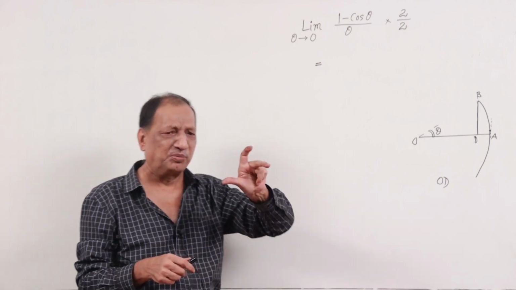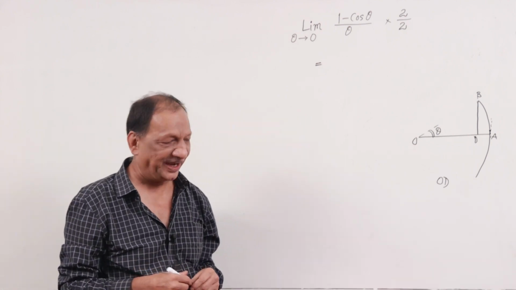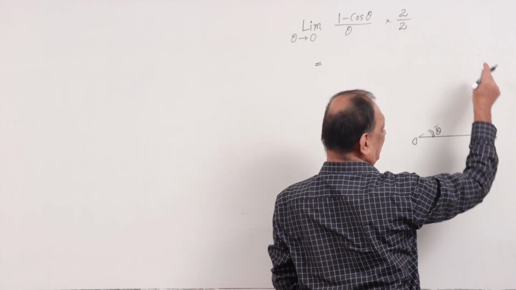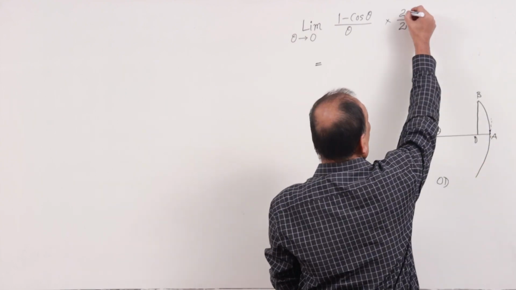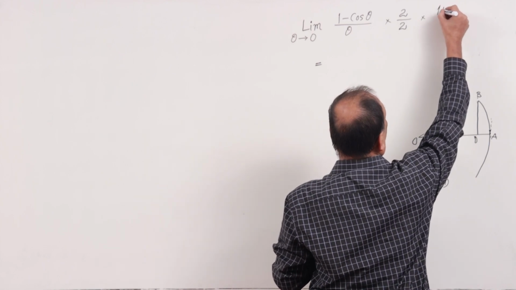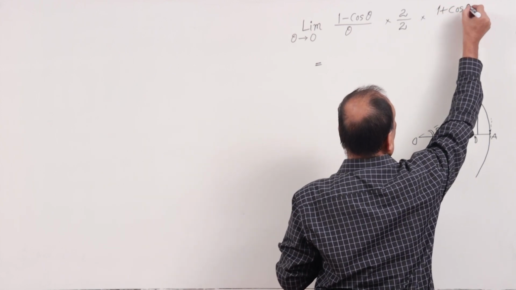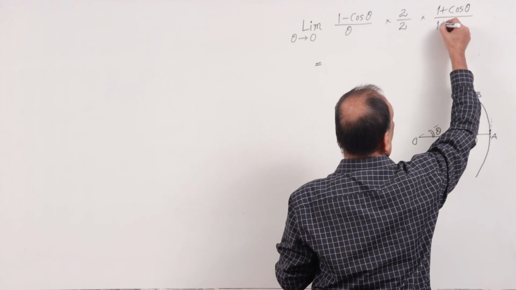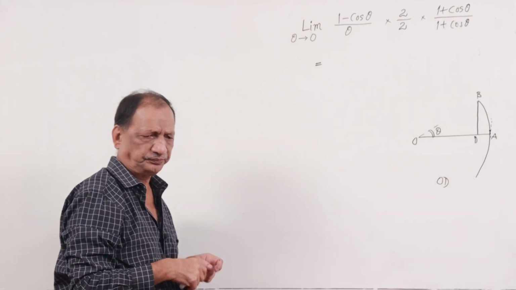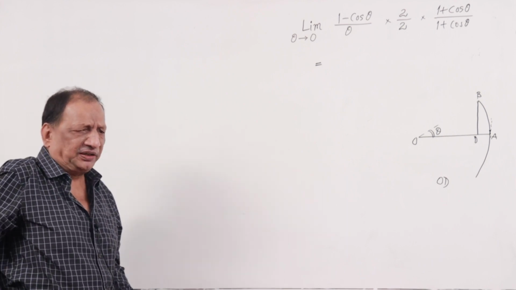But 2 is not the number with which I want to multiply. I want to multiply by an almost 2. Remember, cos theta is almost 1, right? So instead of 2 by 2, I will multiply by 1 plus cos theta. One plus cos theta is almost 2 actually, because cos theta is nearly 1, correct?